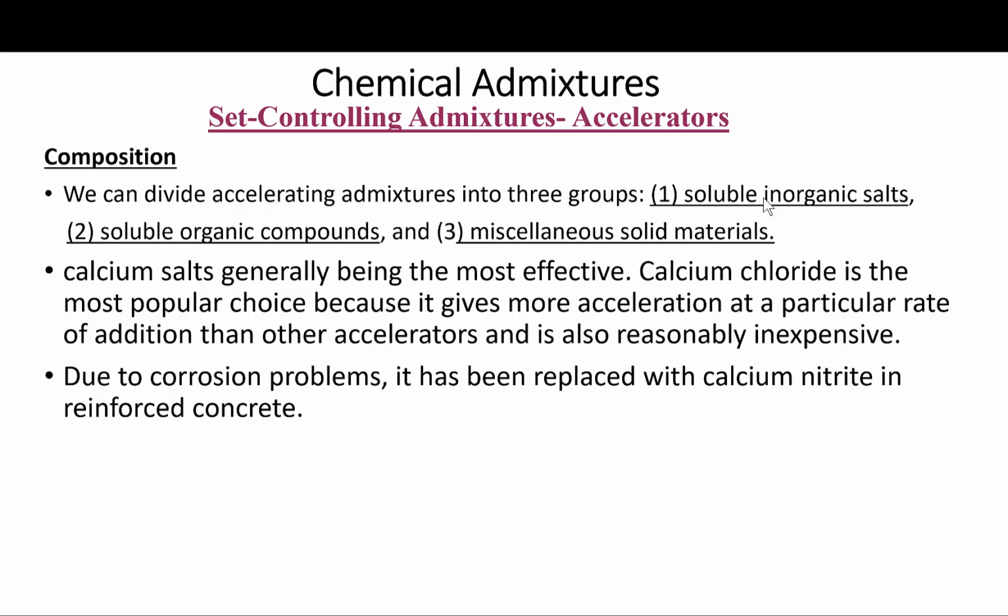These account for most commercial uses. The triethanolamine is commonly used in formulations of water-reducing admixtures, basically to offset their retarding action. Although this also is listed as an accelerator.